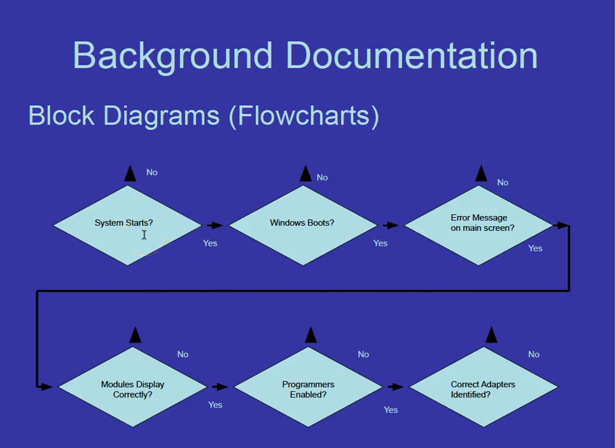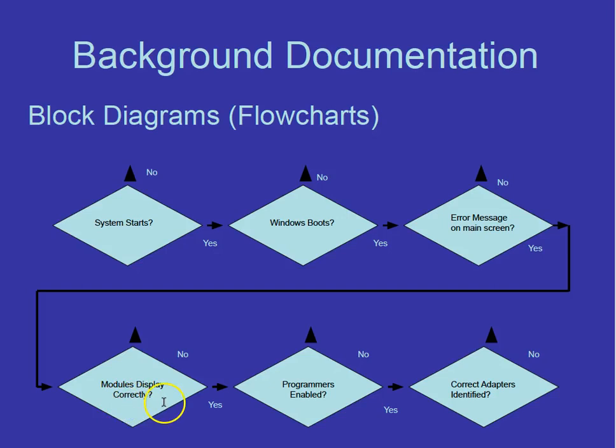So for example, let's say there is no problem until here. After each block you are giving a yes response. System starts, yes. Windows boots, yes. Error message on main screen, let's say yes, and then it goes here.